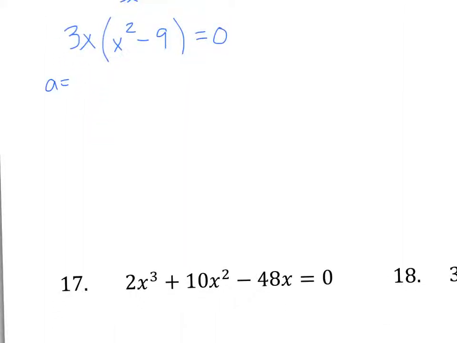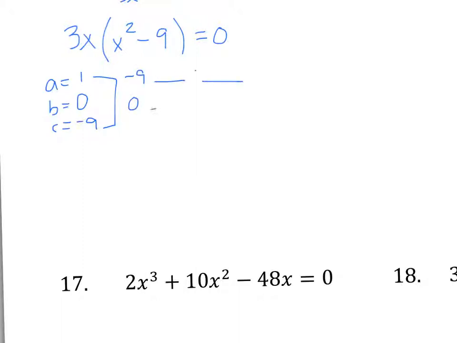Now that I've done the GCF, I can then move on to ABC. So A, B, C. A is 1, B is, now there is no B, so it's 0. We have the A and we have the C, but there's no B, so it's 0. So negative 9. A times C is negative 9, B is 0.